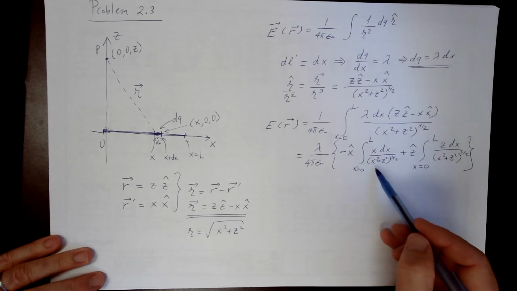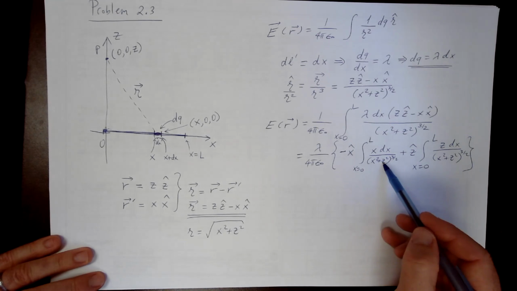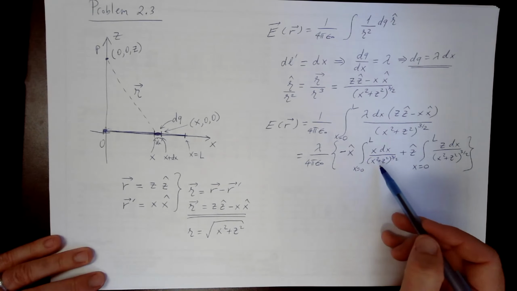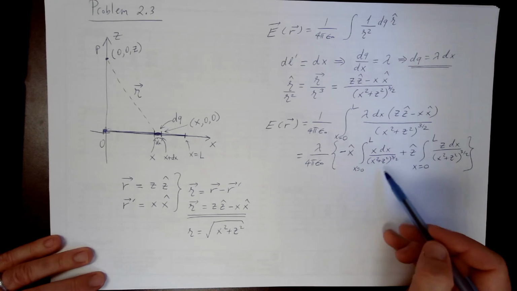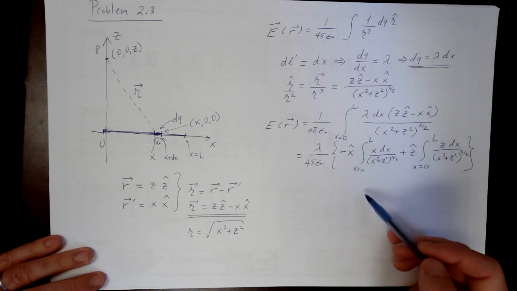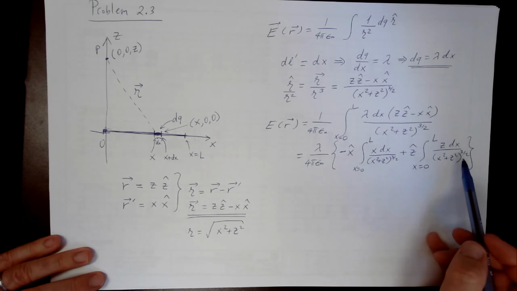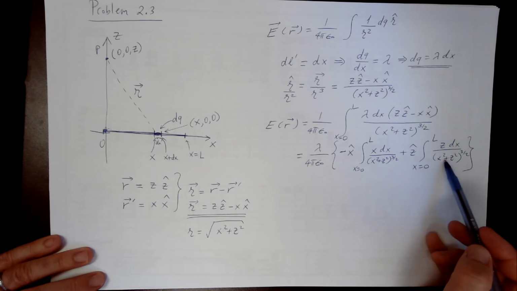The first one is very easy. I can just do a u substitution: x squared plus z squared is u, and x dx can be expressed in terms of du, and then you can evaluate that. And the other one could be a little more challenging. You need some trigonometric substitution here.